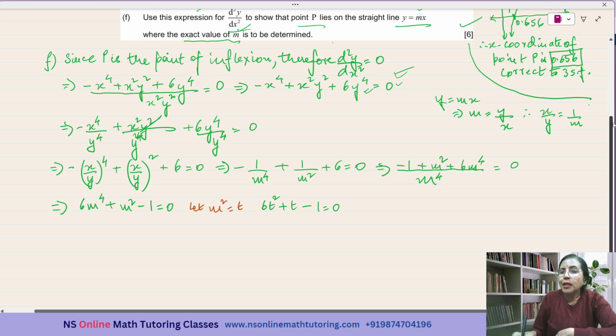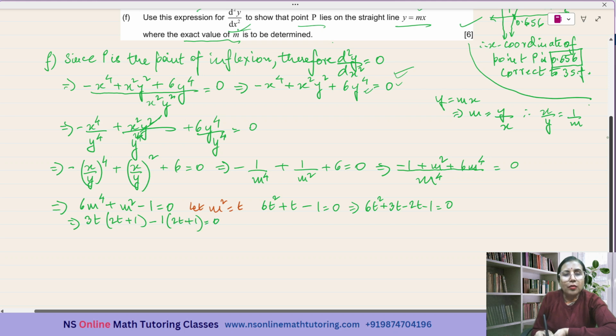Okay, so now it has got changed to a quadratic equation, and I can write it as 6t square plus 3t minus 2t minus 1 is equal to 0. So this is 3t, and 2t plus 1, minus 1, 2t plus 1 is equal to 0.